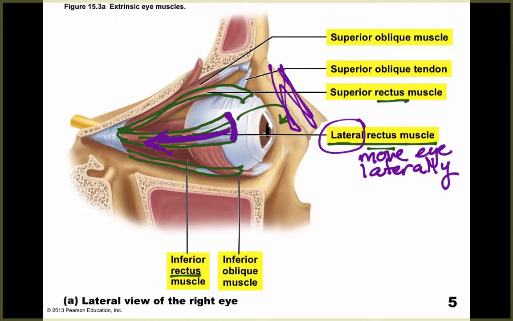Let's look at the other one that's on top. So here, you notice it's the top and it's moving this way. So you have the rectus, and at the top is superior. Now think, if you have this guy and it pulls this way, which way is the eye going to move?